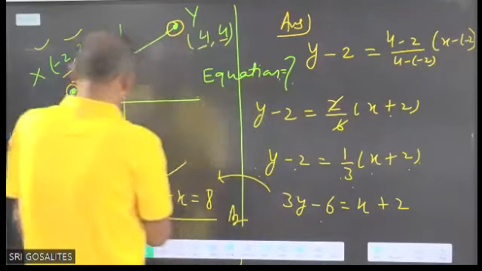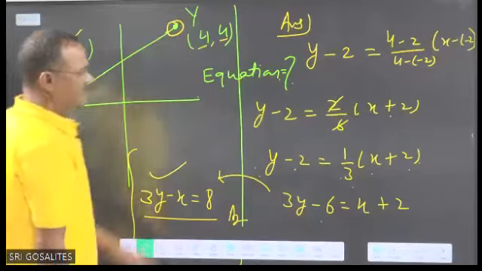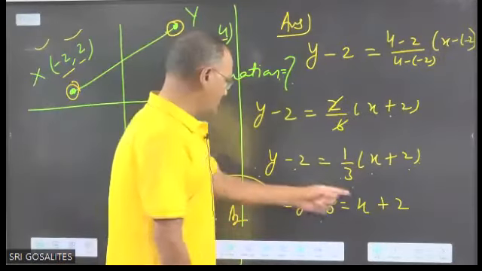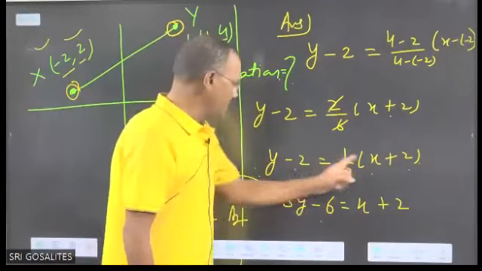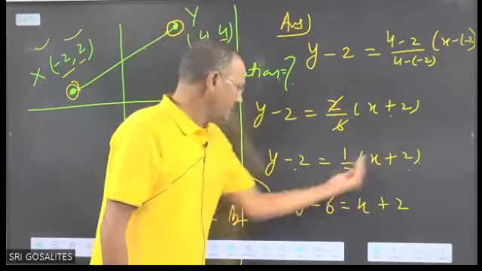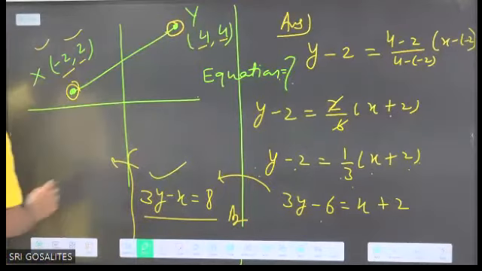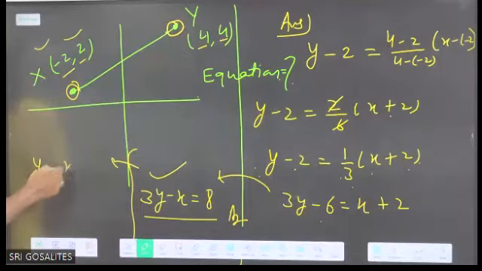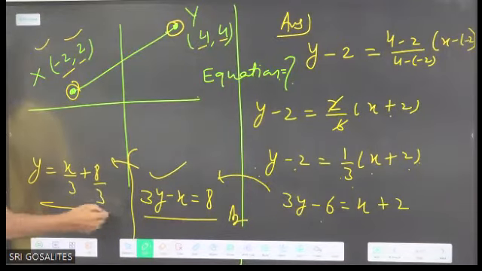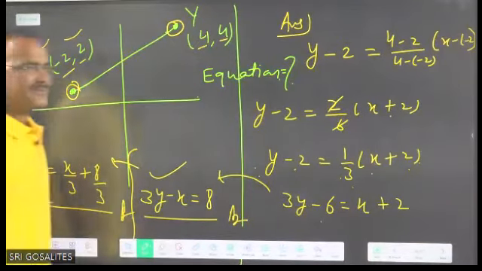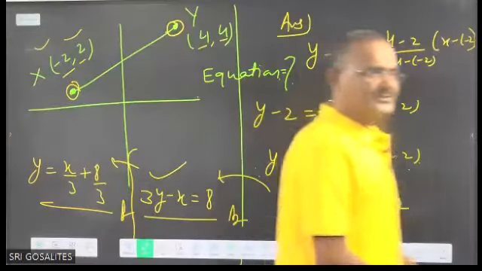See, oh my God, you are all making mistakes. This is 3y minus 6. This is x plus 2. Take it to that side, 8. X this side, 3y minus x is 8. You want the y term, then y will come out: y equals x by 3 plus 8 by 3. That's the answer. Okay, good.